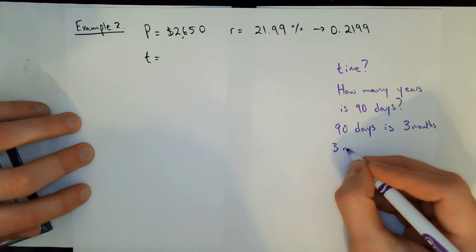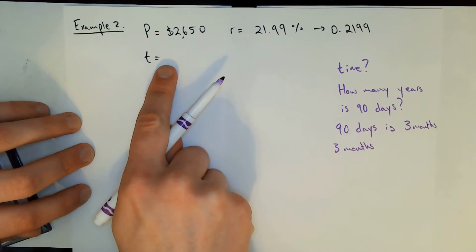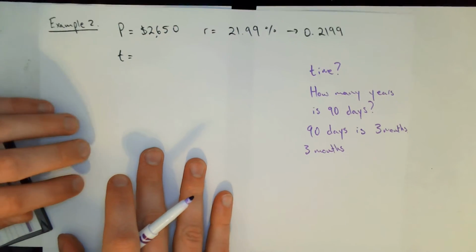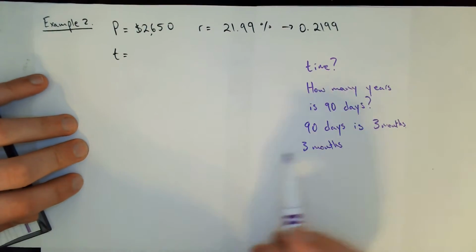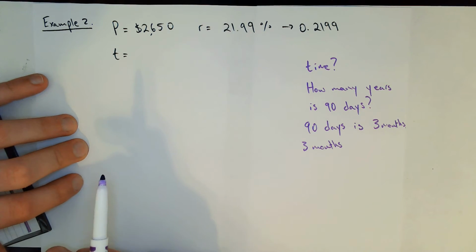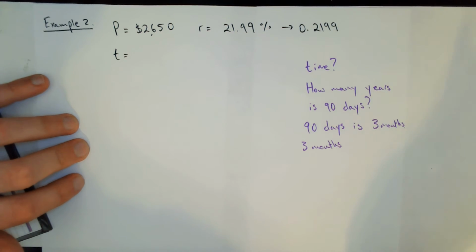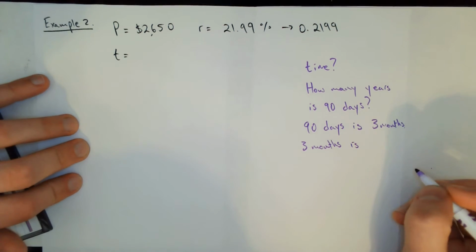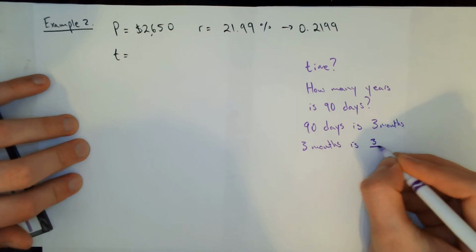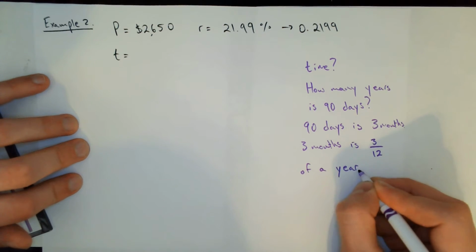And 3 months is what fraction of a year? So T is going to be a fraction. That's okay. Time can be fractional. It's less than a whole year, but that doesn't mean you earn 0 interest. They're still charging you interest, just on a fraction of a year. 3 months is how much of a year? Well, it's 3/12 of a year, because there are 12 months in a year.